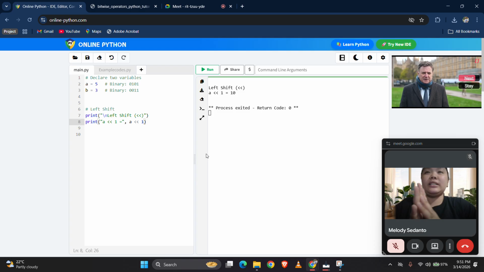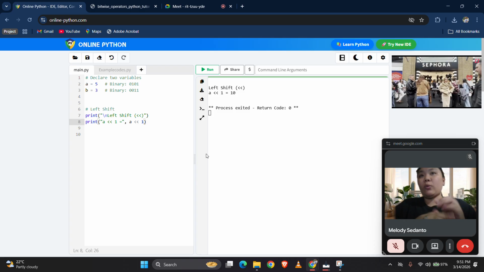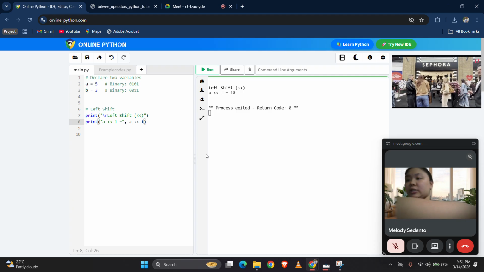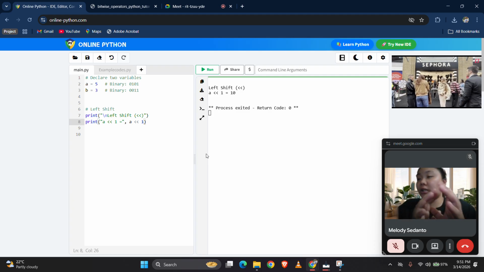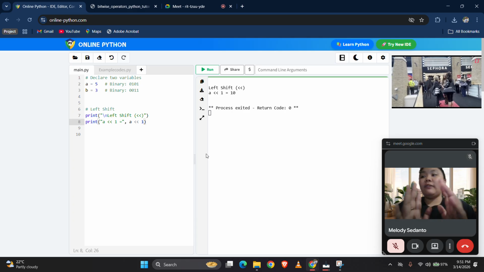So A left shift 1 is equal to 10. The left shift operator moves bits to the left and effectively multiplies the number by 2. So for example, 5 left shifted by 1 becomes 10.